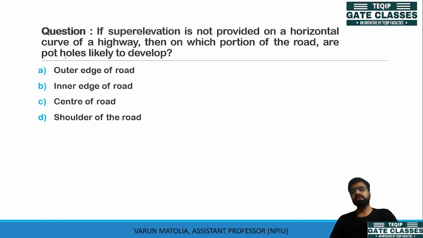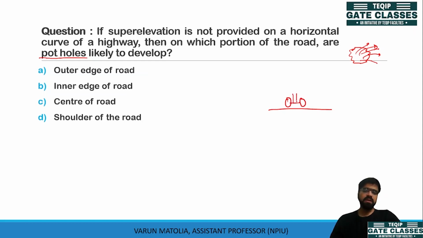What are potholes? Potholes are the holes which are formed on the road because of removal of the pavement material. Whenever there is a horizontal curve, there is a possibility that the vehicle is pushed outside.